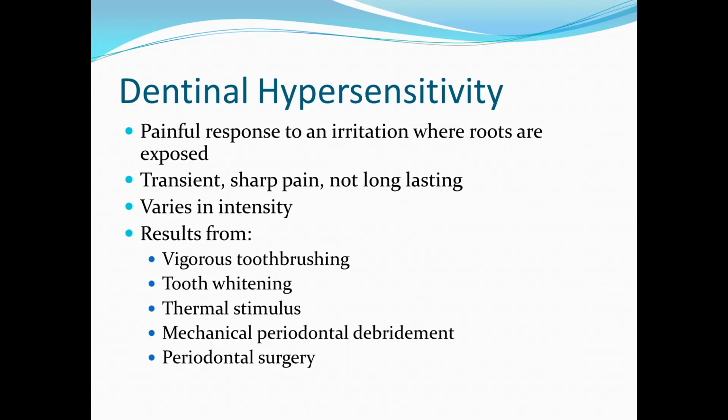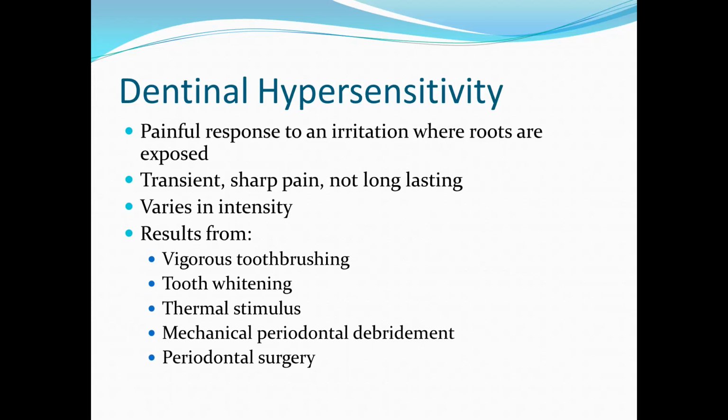And then what do we do when the patient's there? We take that whole ledge of calculus off, exposing that root surface. You can bet they're going to be sensitive. So you want to predict that and give the patient some desensitizing toothpaste with stannous fluoride and/or potassium nitrate in it, and have them start brushing with that.